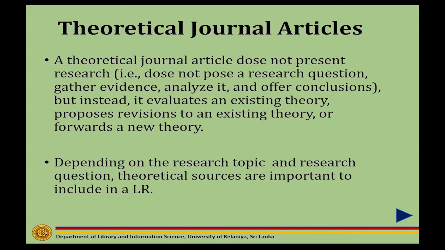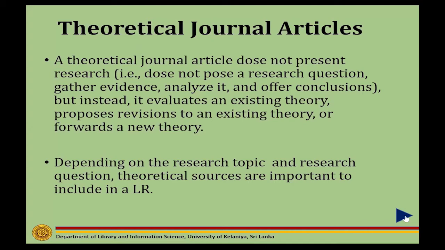Then, without wasting my time finding the empirical research article, I would like to see theoretical journal articles, because the focus of theoretical journal articles will be there, right? They only discuss the particular theory, how it's derived, what the changes are, and what kind of variables have been added to the previous models, and so on.